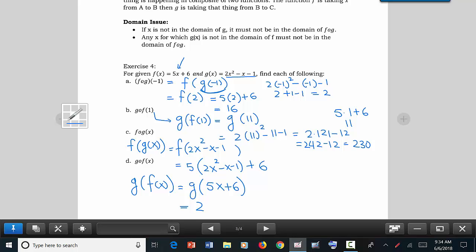So 2 times x replaced by 5x plus 6, that has power 2, minus x replaced by 5x plus 6, it has two terms, that's why I give parentheses, minus 1. That is the final answer. If you like, you can simplify.